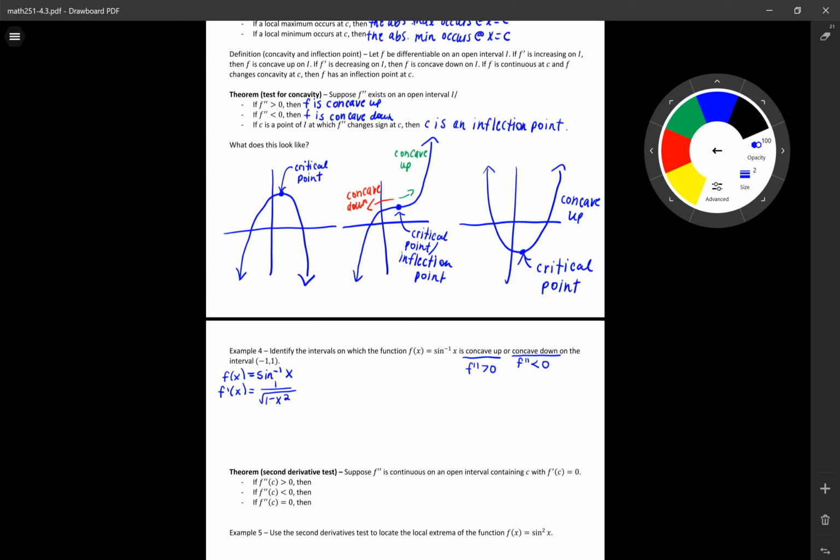Another way of thinking about this is 1 minus x squared to the power of -1/2. So if I want to find f double prime here, I am going to have to use the chain rule.